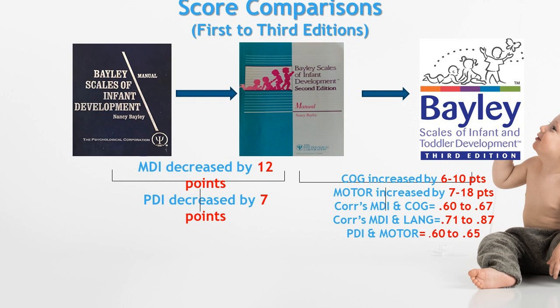Now, both of them had the MDI-PDI format. When the Bayley was supplanted by the Bayley-2, the MDI decreased by 12 points, and the PDI decreased by 7 points. This was attributed to the Flynn effect.